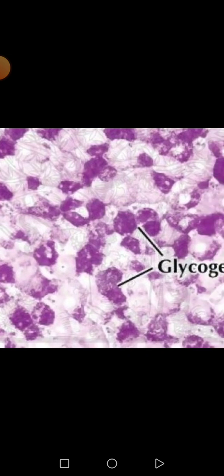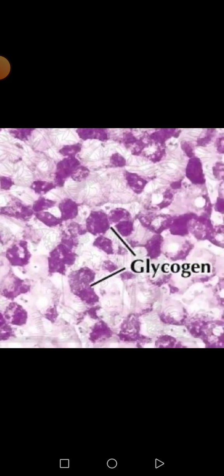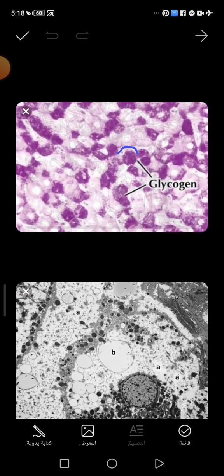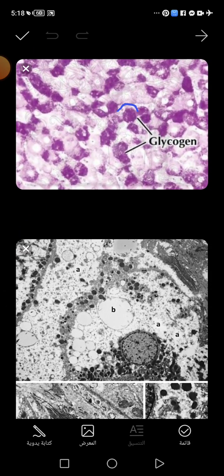Glycogen, as you see here, this is the glycogen. It's just like a magenta color. I tried to find the slides that are most clearly visible.